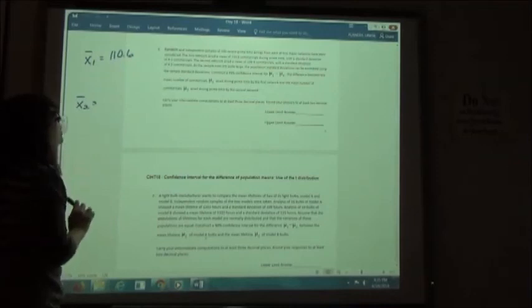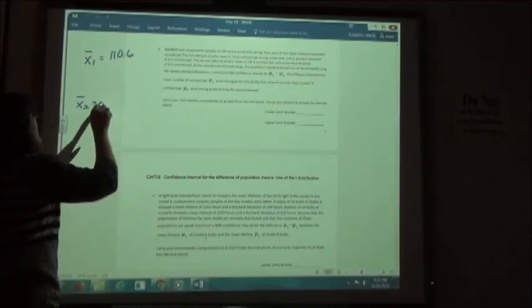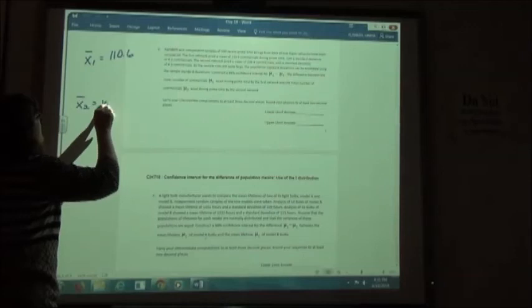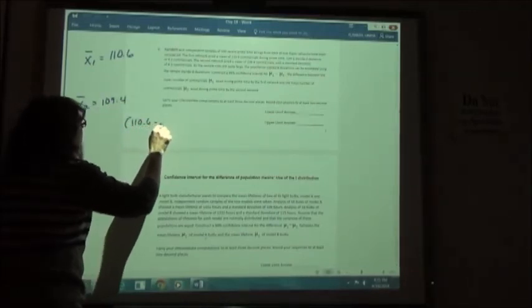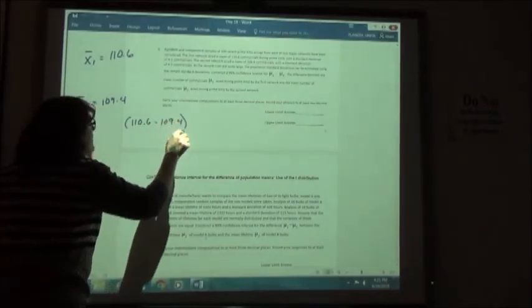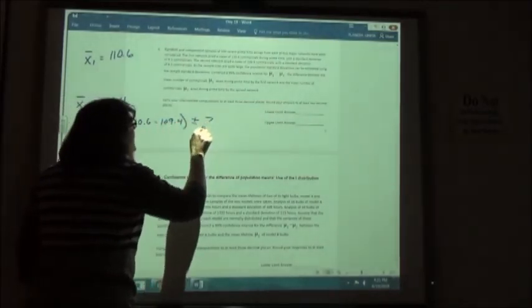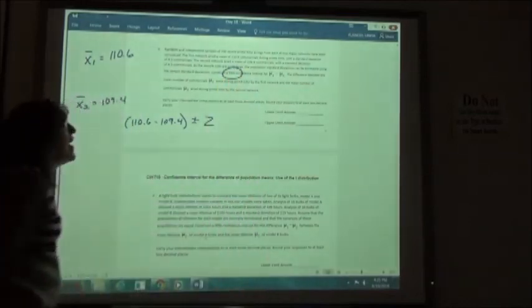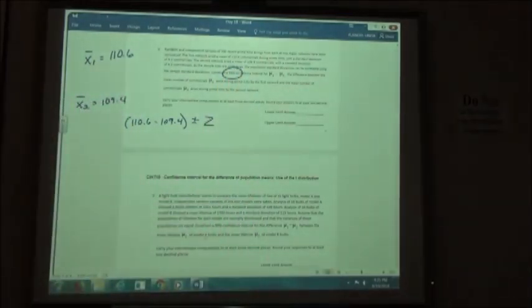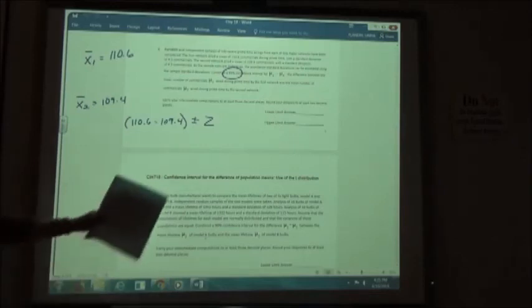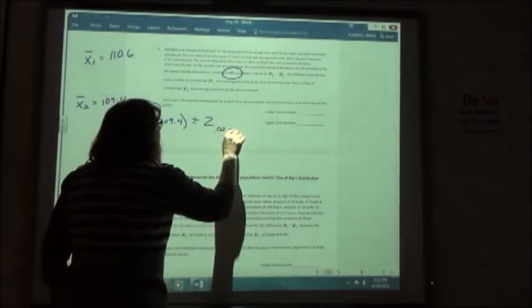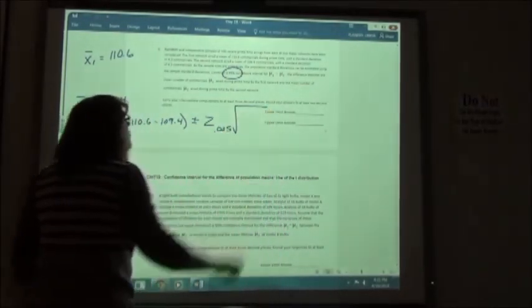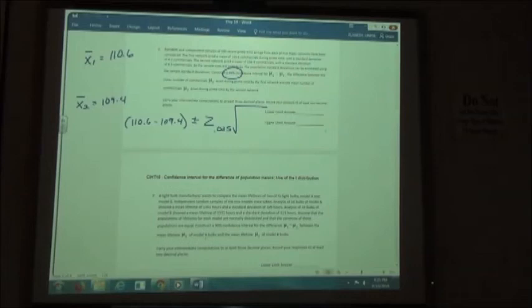What's the mean from sample 2? 109.4. So we're going to take our 110.6 minus our 109.4, right? Plus or minus z sub. Again, they gave me 95%. I'm thinking they always might give you 95%. So if it's 95%, what are we going to use for z sub what? 0.025.